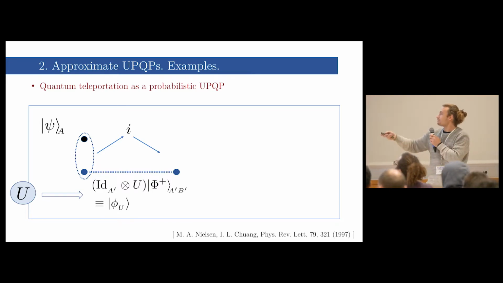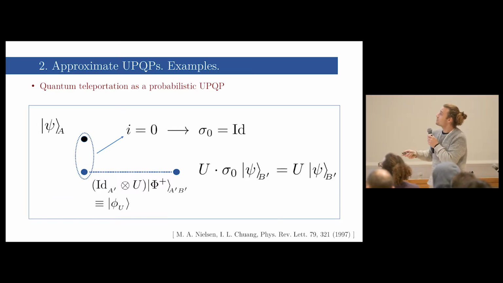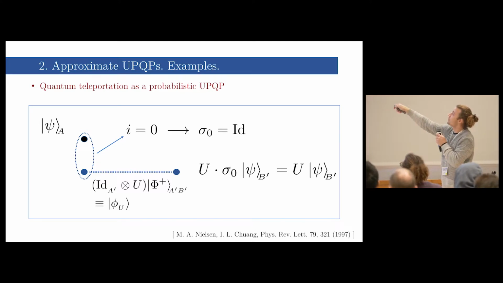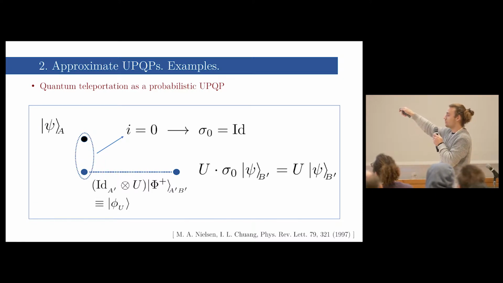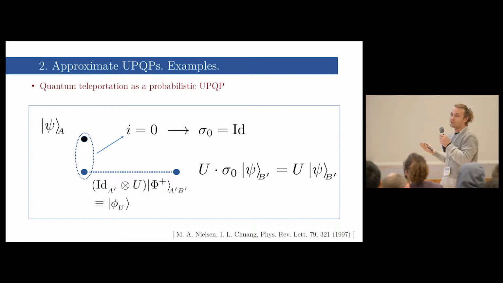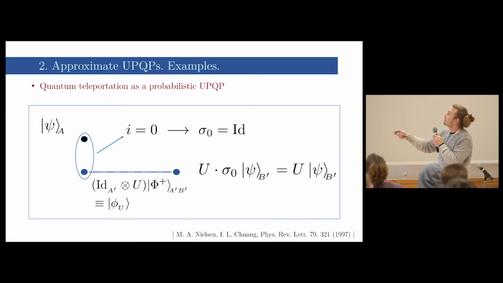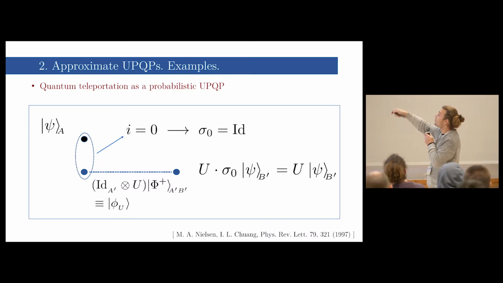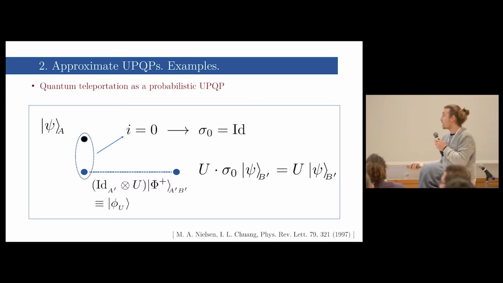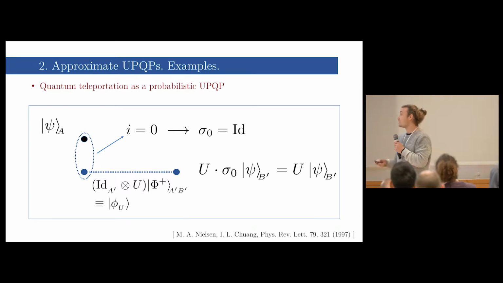Alice measures, and suppose Alice obtained as the outcome of her measurement the one associated with the trivial correction at Bob's side. Then, with some non-vanishing probability, Bob already gets what we wanted, which is just our input state with our unitary applied to it. So we have here an approximate UPQP indeed.